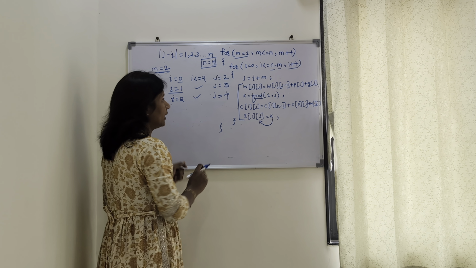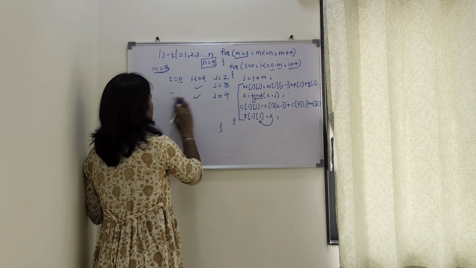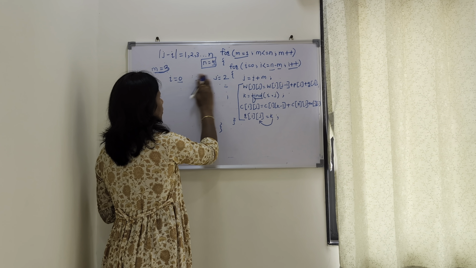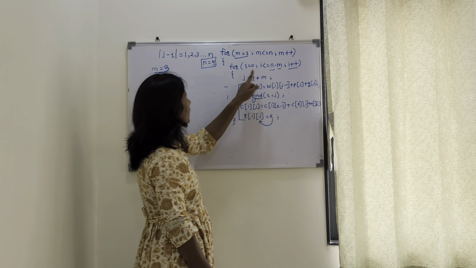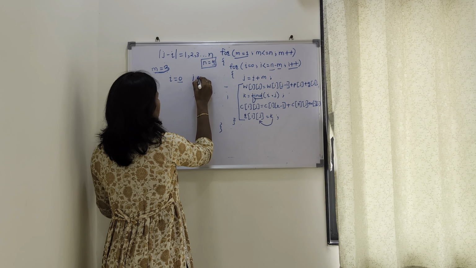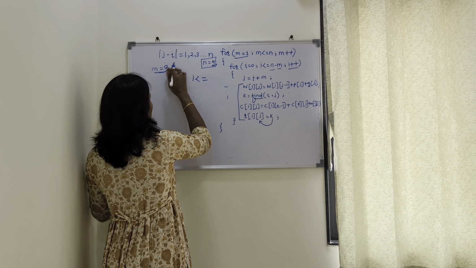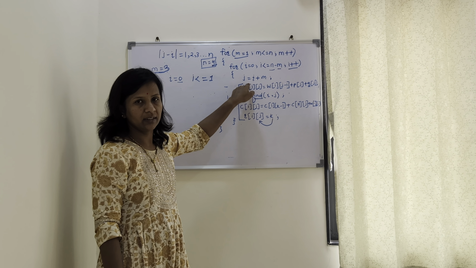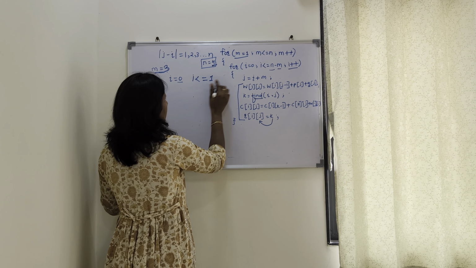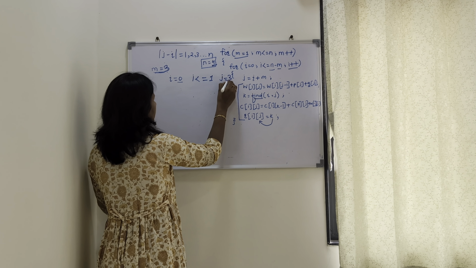In the same way, m value will become 3. Now i will be again set to 0, and i is less than or equal to n minus m. So n is 4 and m is 3. So 4 minus 3 becomes 1. Okay. And again it will come inside for j is equal to i plus m. So j equal to i plus m, that is 3.